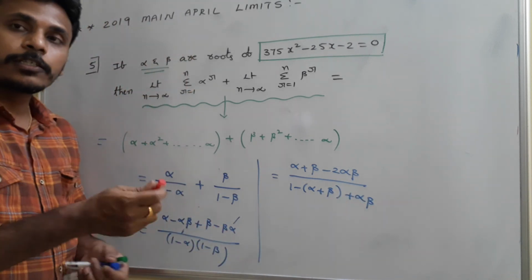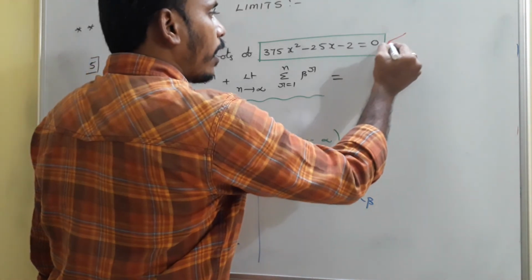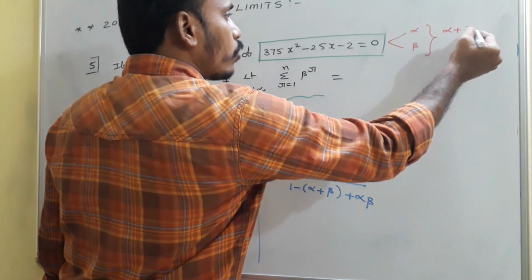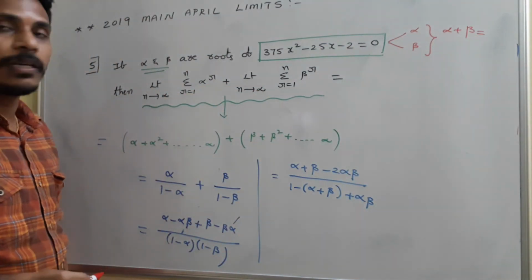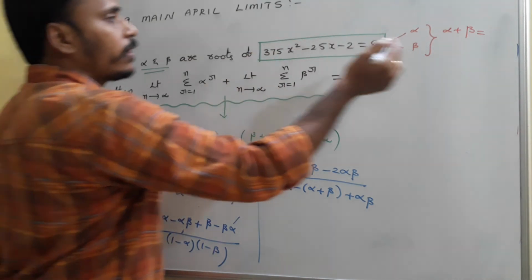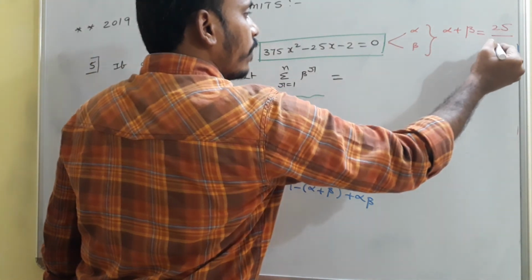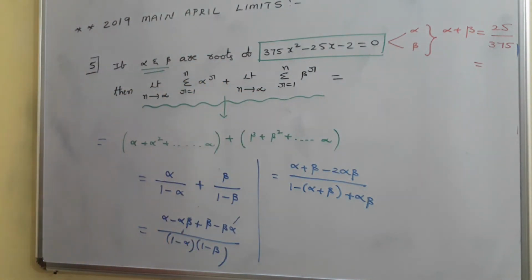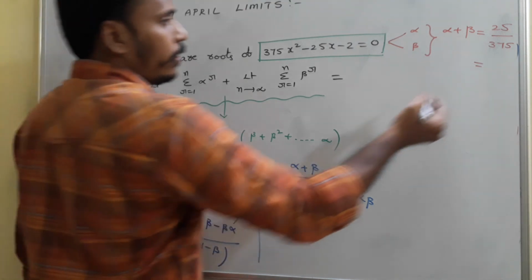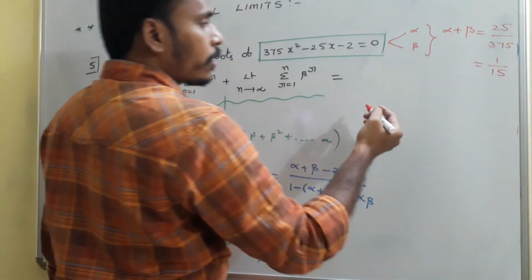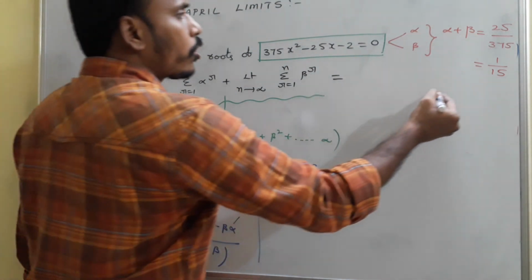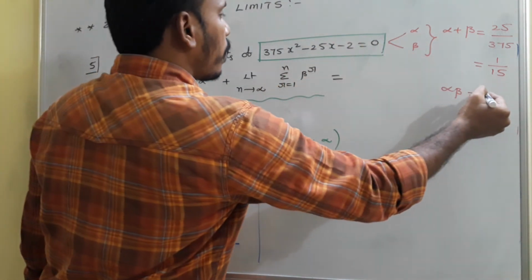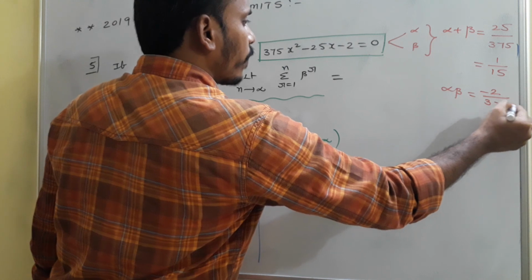As they have given, this particular equation has roots alpha, beta. From there it is very clear that the sum of the roots, alpha plus beta, is equal to minus b by a, in the sense 25 by 375. Divided by 375, so what is the cancellation? If you go for cancellation, 1 by 15, that is alpha plus beta. Then what do you say about alpha into beta? Alpha into beta is c by a, c by a means c is minus 2 divided by 375.